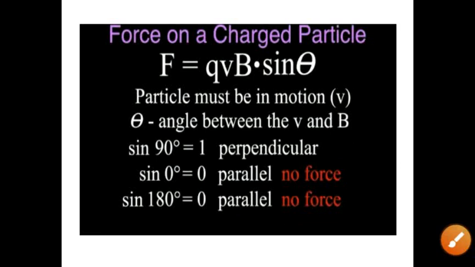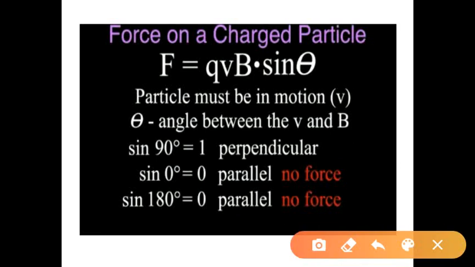And next case is when theta is equal to 180 degree. 180 degree means the charged particle moves in the opposite direction of the magnetic field. If the angle between velocity and magnetic field is 180 degree, that is, if they are anti-parallel, not parallel, anti-parallel. Again, sin 180 is equal to 0.